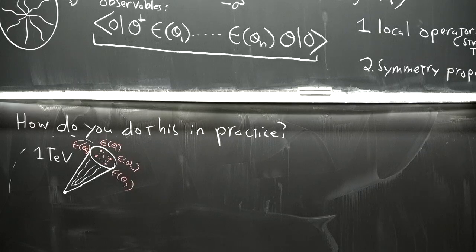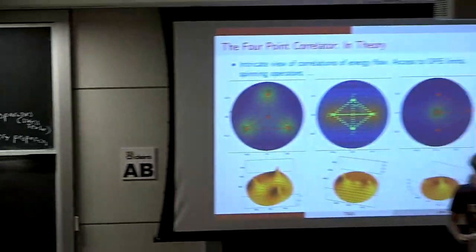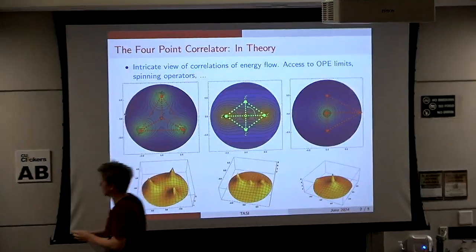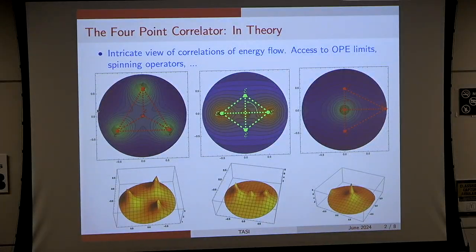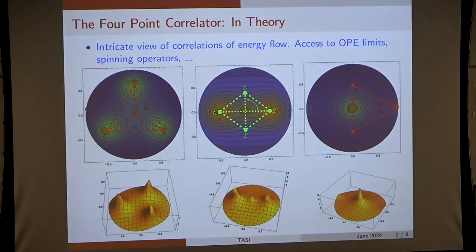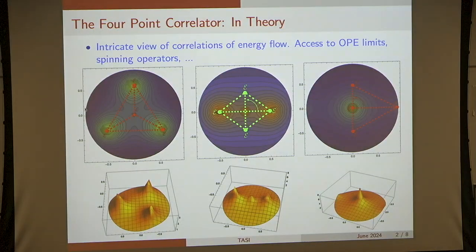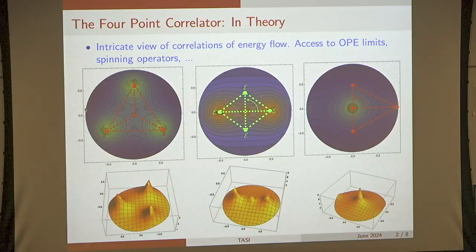And just as an example of the type of thing you'll see, this is a plot of a 4-point correlation function inside some jet. Since it's a function of the position of all these different operators, you have to choose some specific projections to look at.